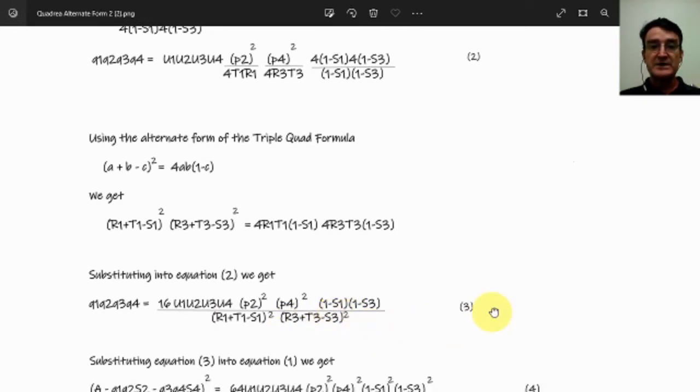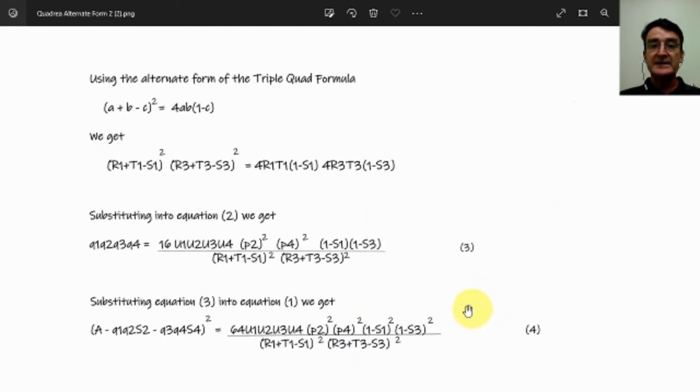That's equation 3. And lastly, we're going to substitute equation 3 for the Q1, Q2, Q3, Q4 into equation 1.